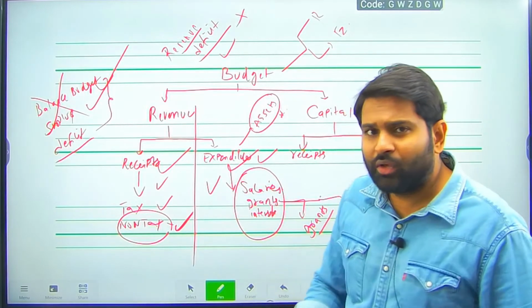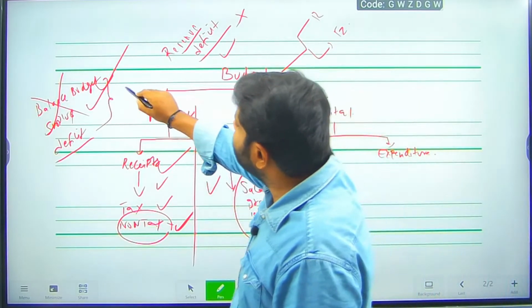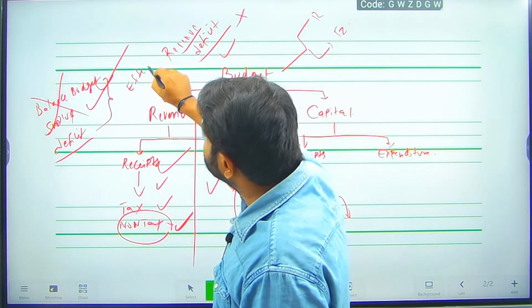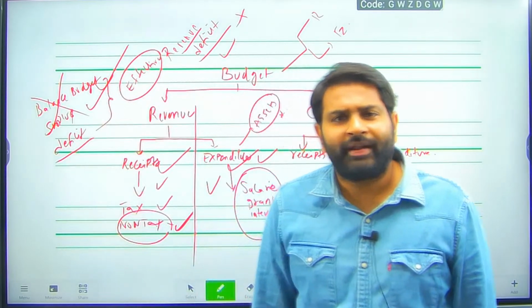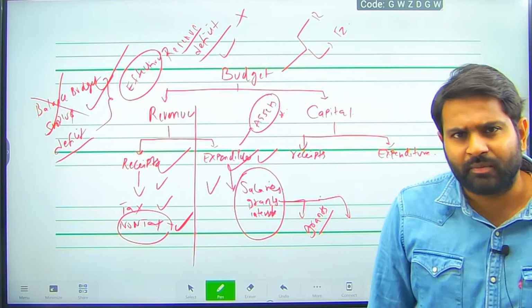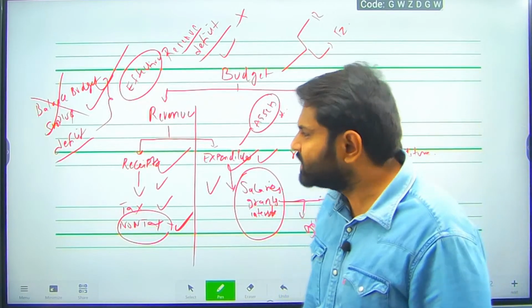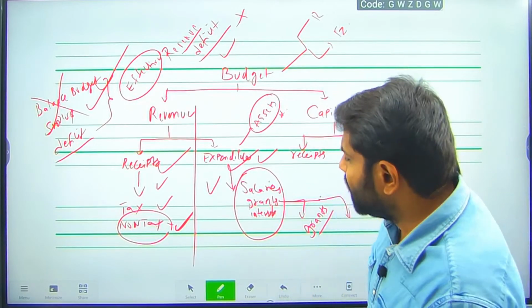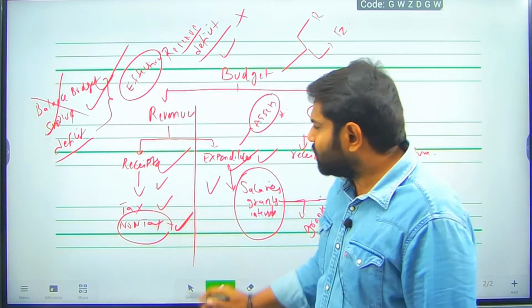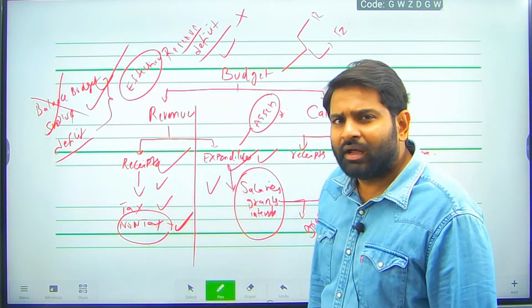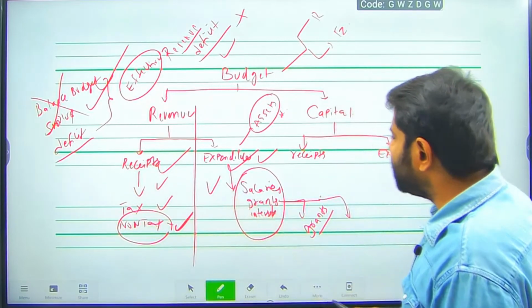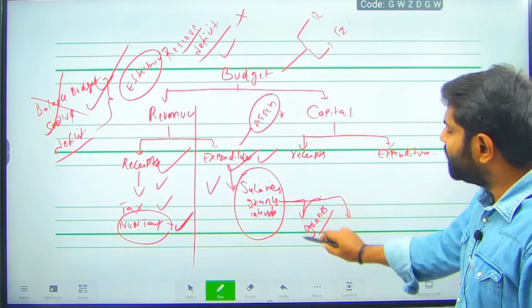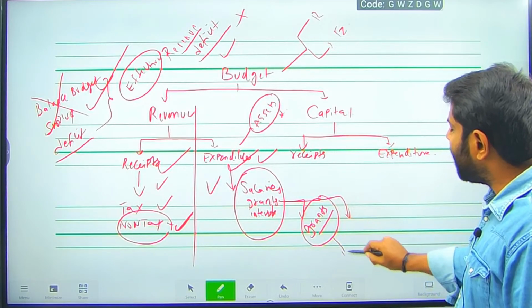But here you need to understand effective revenue deficit. There is a term called effective revenue deficit. Students don't understand this term and get confused. What is effective revenue deficit? When expenditure is more than receipts, that is called deficit. From this, you remove any expenditure on grants which have created capital assets.